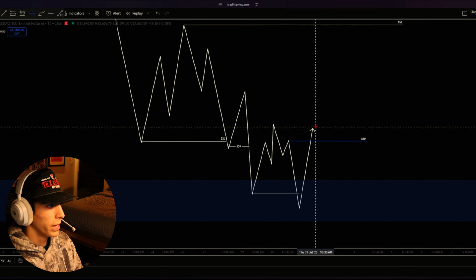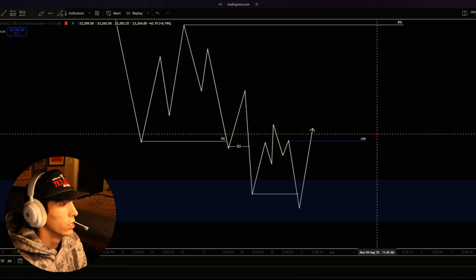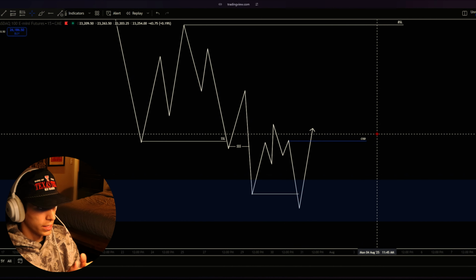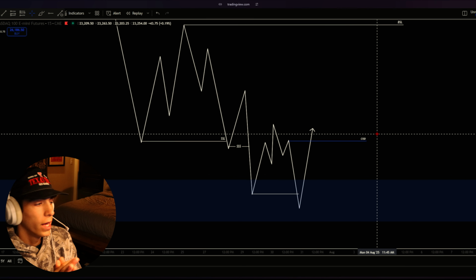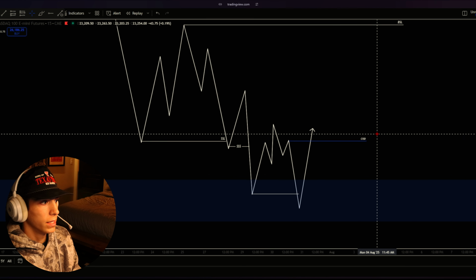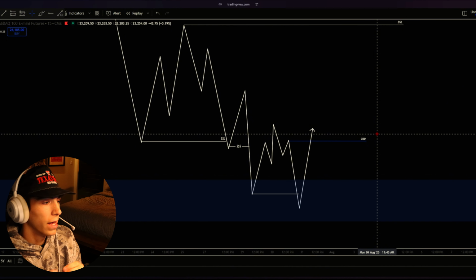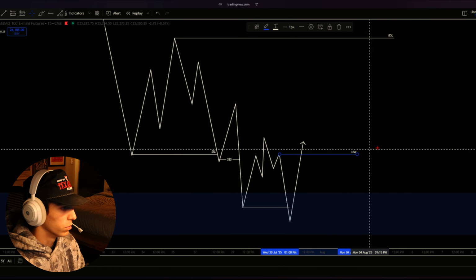Once it closes above it, it validates a change in the state, and then that's when you actually have a true change in the state. So to have a true change in the state, it has to take some sort of liquidity, and once the series of down close, up close candles gets closed above, that validates your change in the state. Alright, so now let me give you a bearish example.